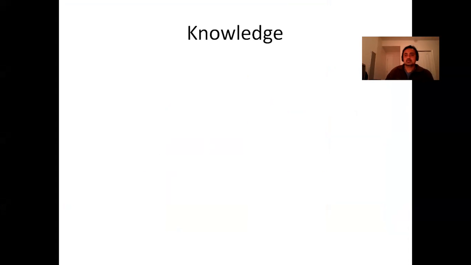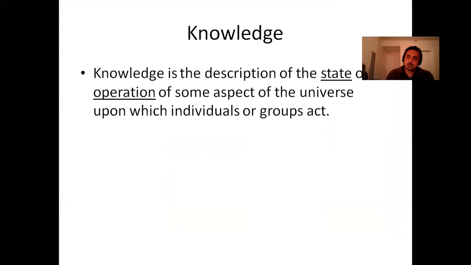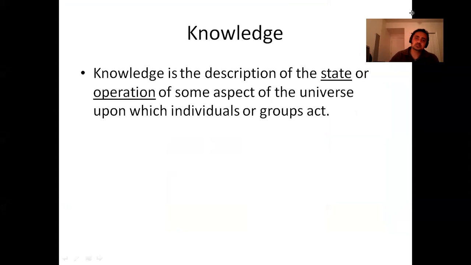Well, we have spoken about knowledge previously in research literacy, and most textbooks have a somewhat cohesive description of knowledge. Your textbook for this course defines knowledge as a description of a state or operation of some aspect of the universe upon which individuals, which is you and I, or groups can act.